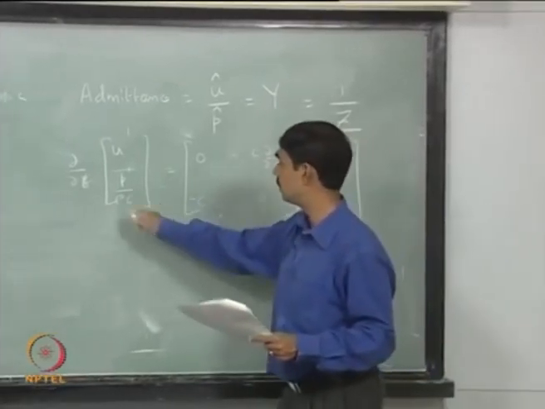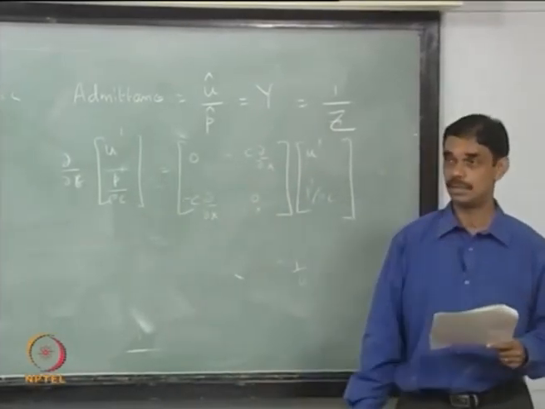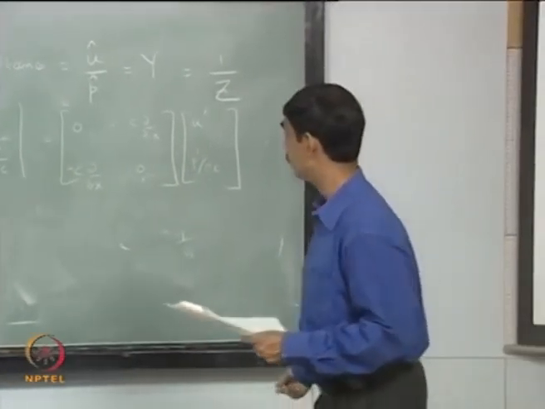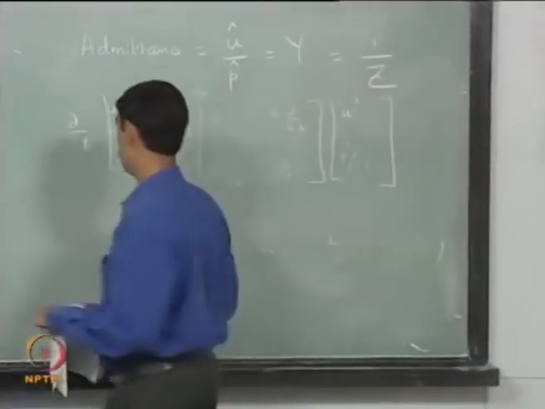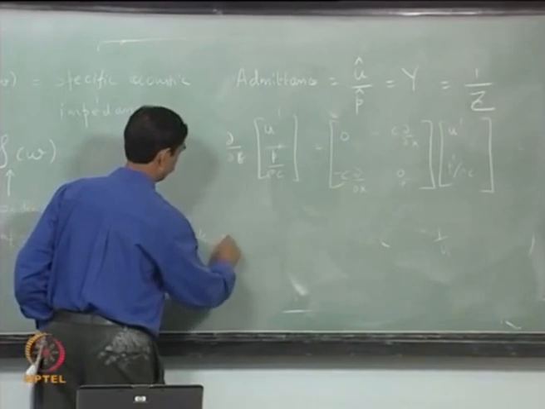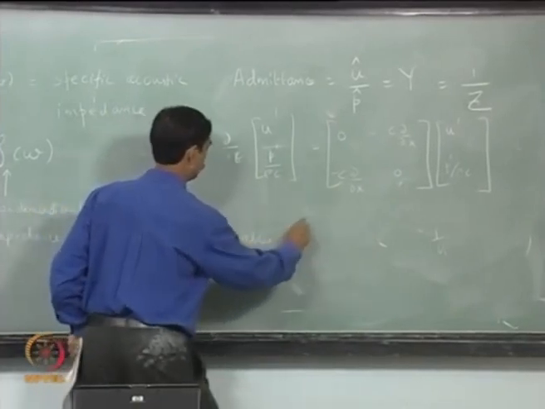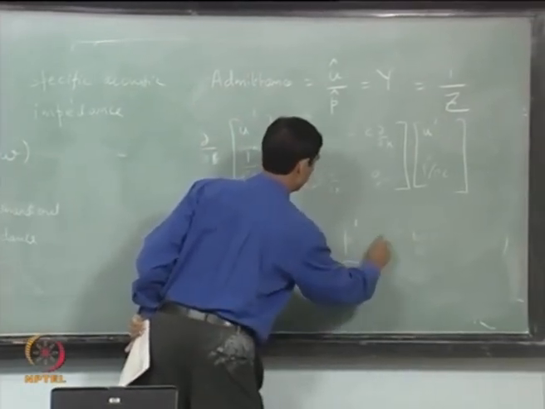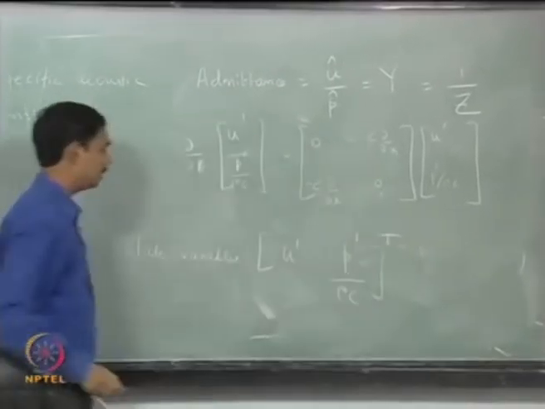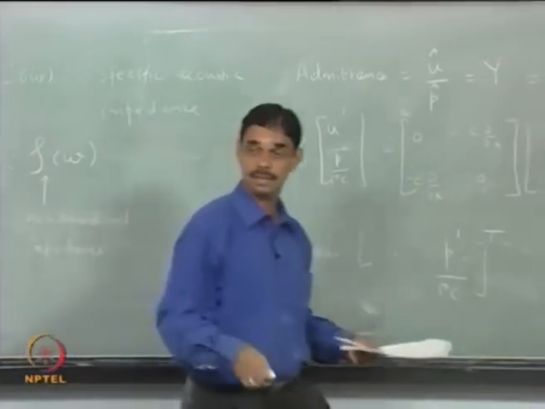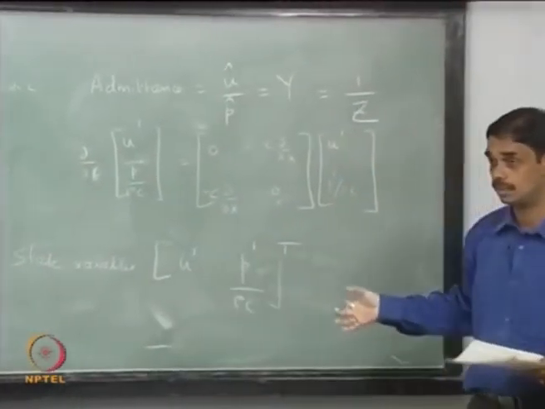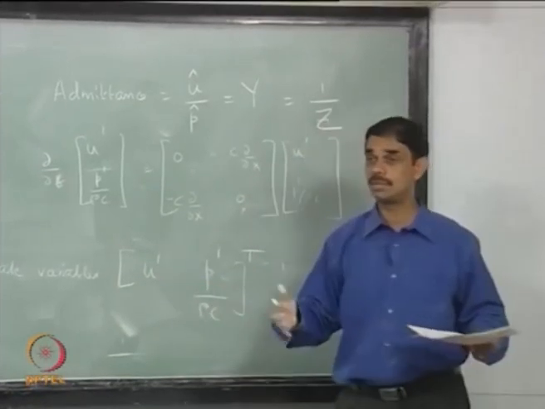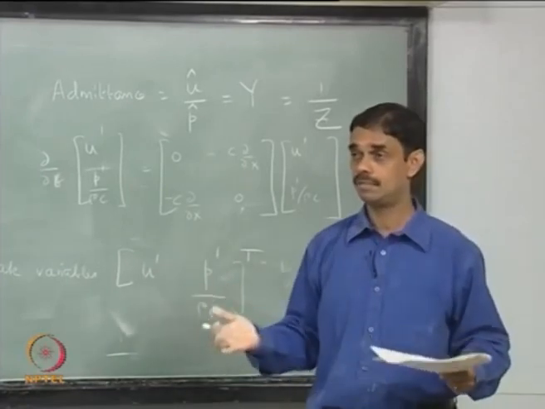If I do not normalize by rho c, then I would not have this operator being normal, and having a normal operator has a lot of good properties. So now the state variables are u prime and p prime over rho c, transpose. You need some kind of measure characterizing the system, or the norm which characterizes the energy of the system, and that can be obtained by squaring this and squaring this. So it will go something like u squared plus p squared, except there are factors in front of these things.